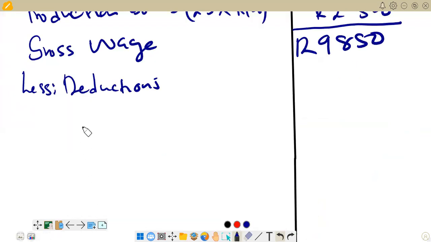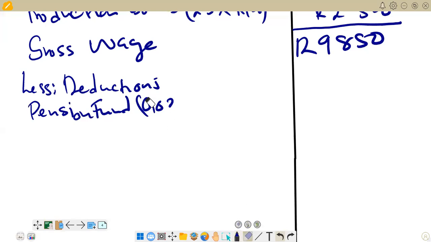So we summarize that one. We are saying pension fund. 0.275, then we multiply by the gross wage, which is 9,850.